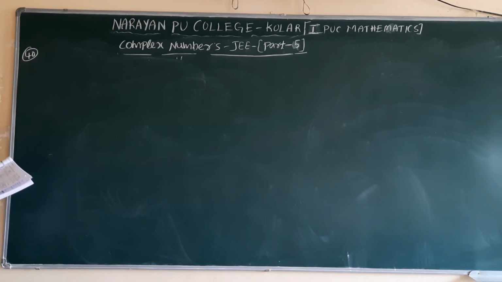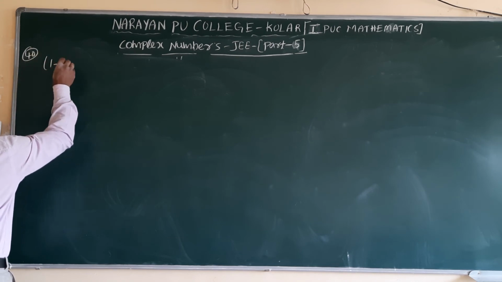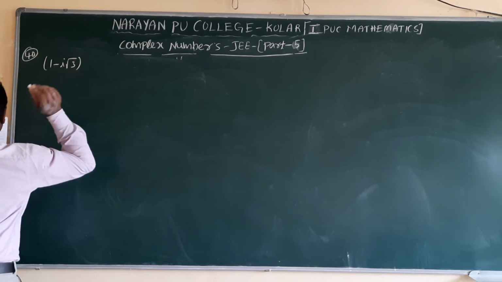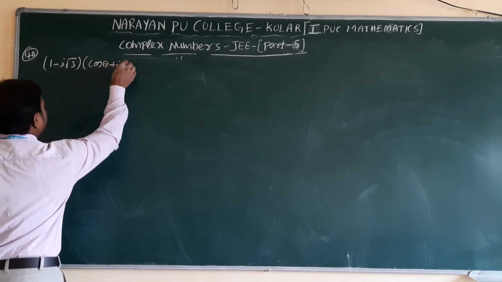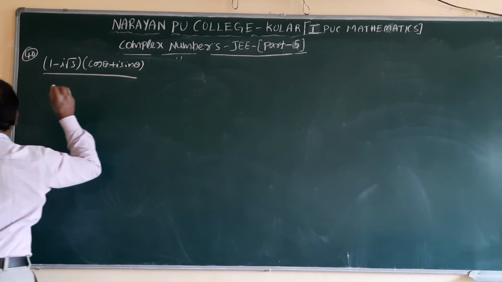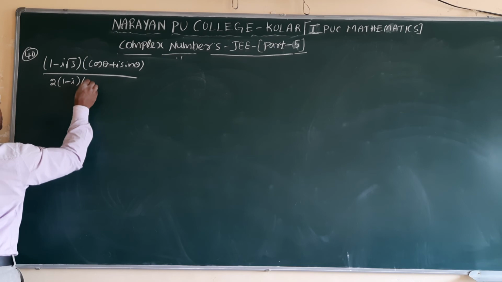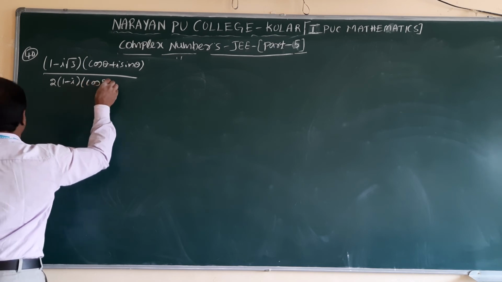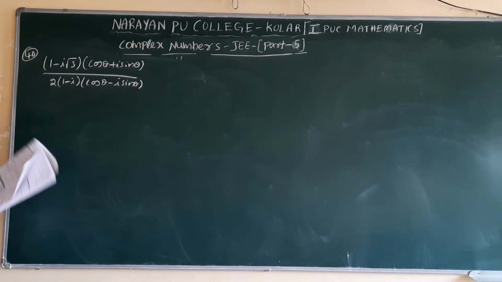The modulus of the complex number 1 minus i root 3 into cos theta plus i sin theta divided by 2 into 1 minus i into cos theta minus i sin theta is.